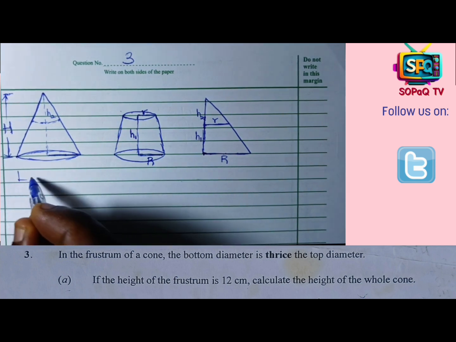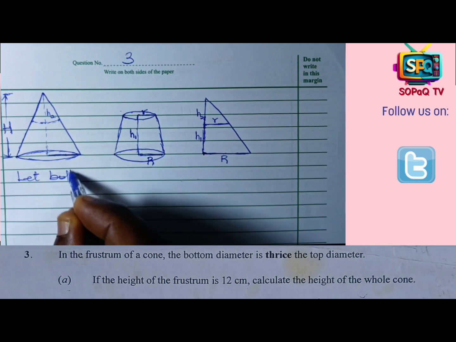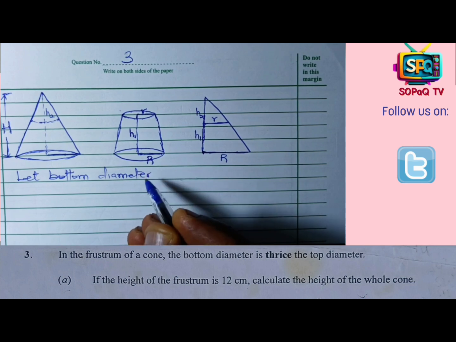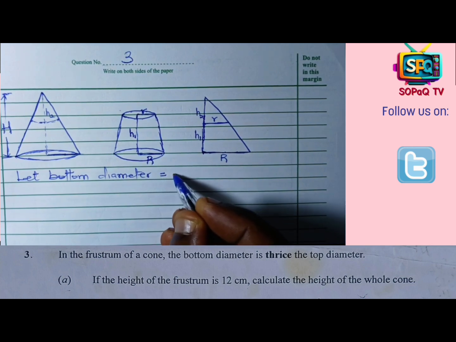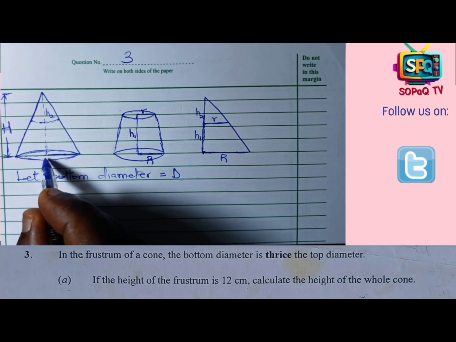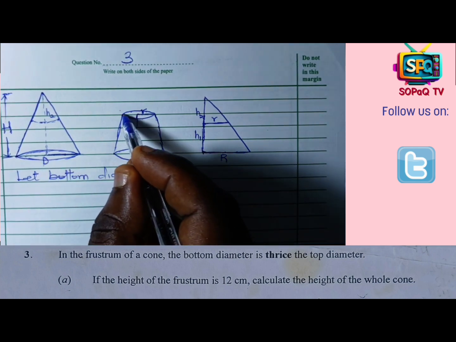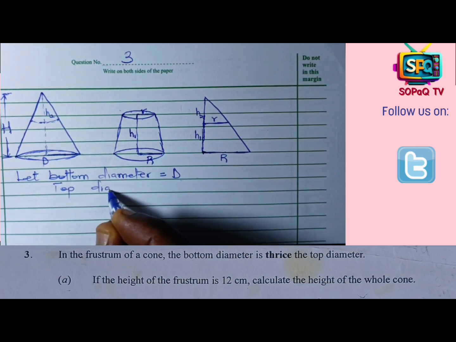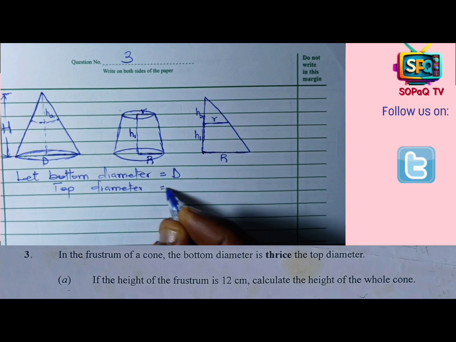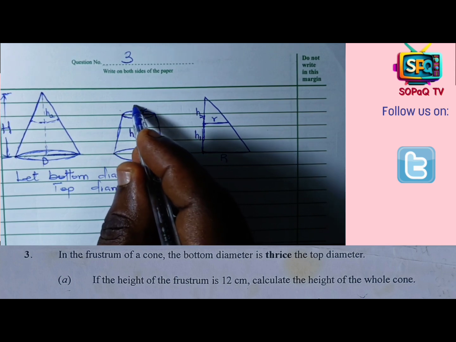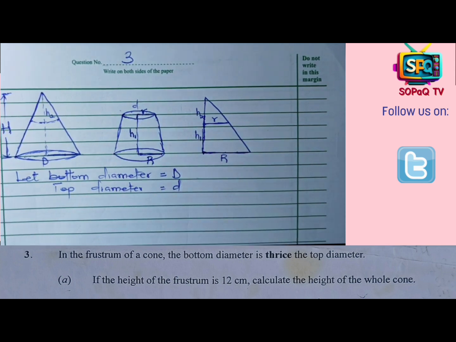So we can let the bottom diameter be capital D, meaning the whole of this side will be capital D. And then we also let the top diameter be small d, meaning the whole of this side will also be small d.